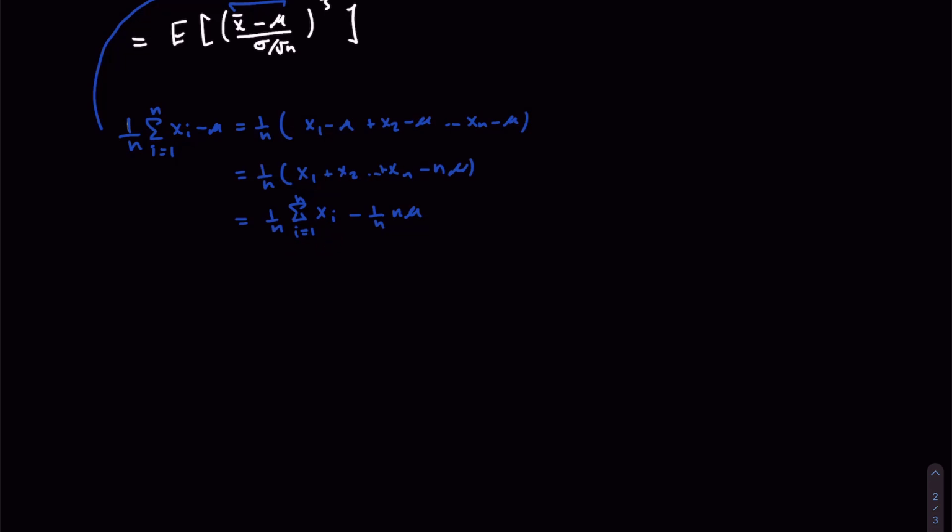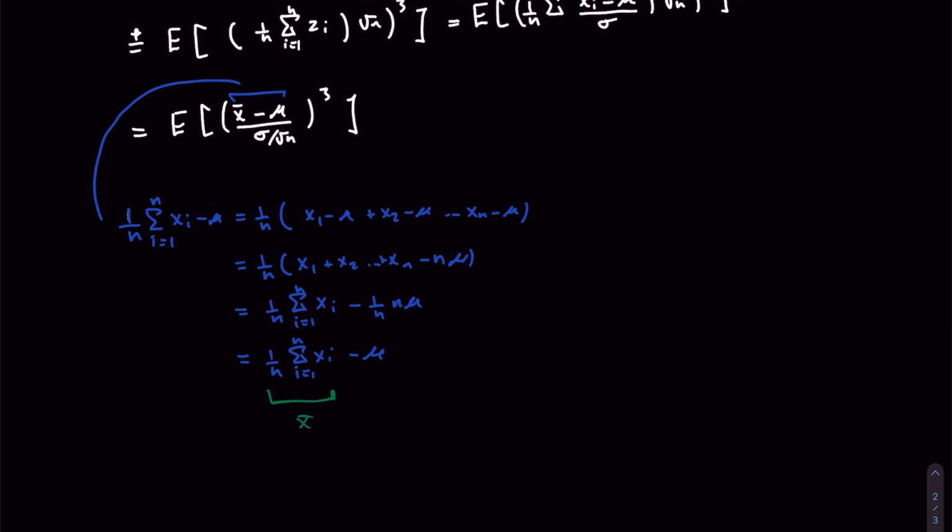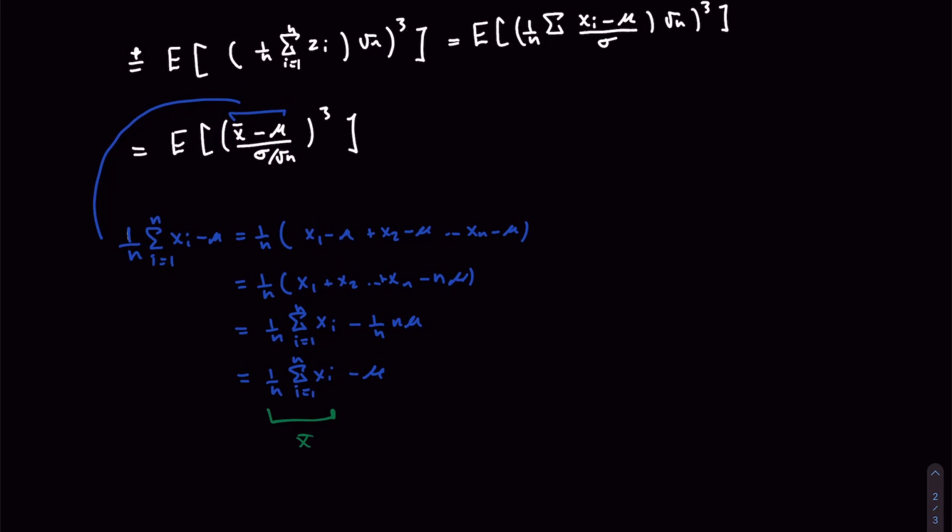And now we have the sum, and this whole thing now is the sum of xi, i from 1 to n, minus mu. But this term here is now x bar, which is exactly what we have here. Okay, so it was a little manipulation that has now brought us to the x bar.